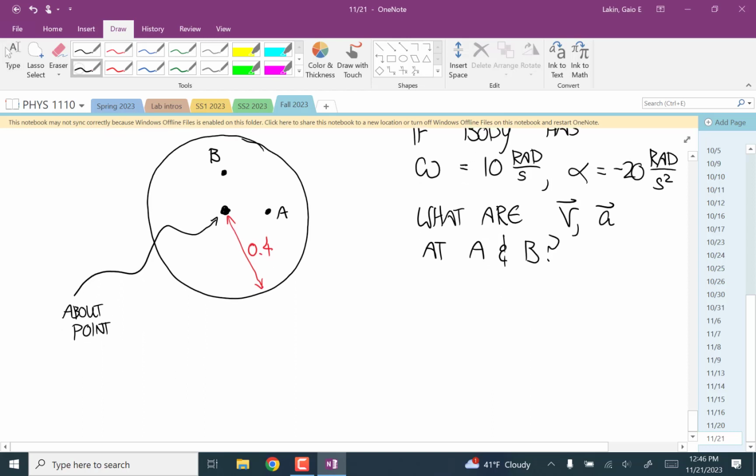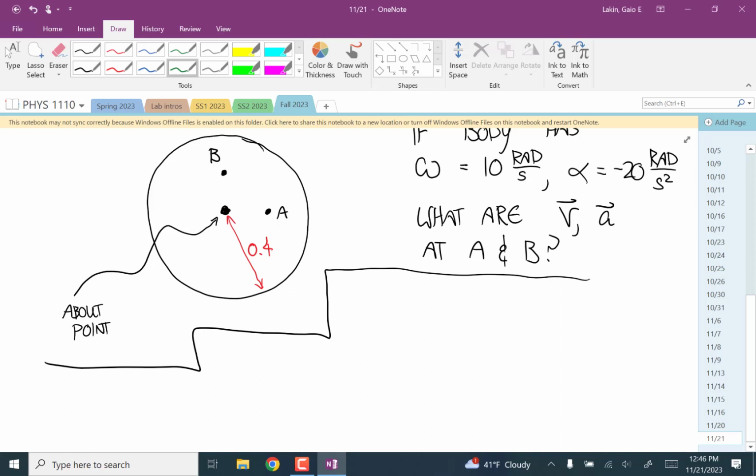We'll do it as two totally separate problems just to get practice. This point A, what does its motion look like? We know it's in a circular path around the center, and its path is the same path as B. It's just in a different spot around this path at any given instant.